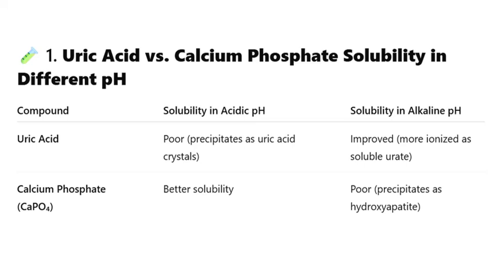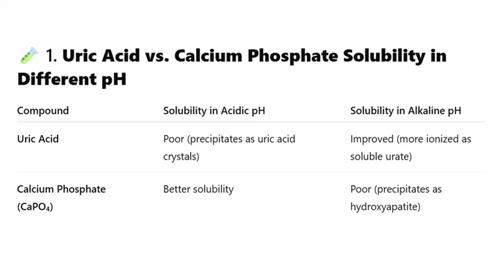So another point to add before closing the discussion on tumor lysis syndrome is that because of the pKa of approximately 5.5 of uric acid, it crystallizes in acidic urine.